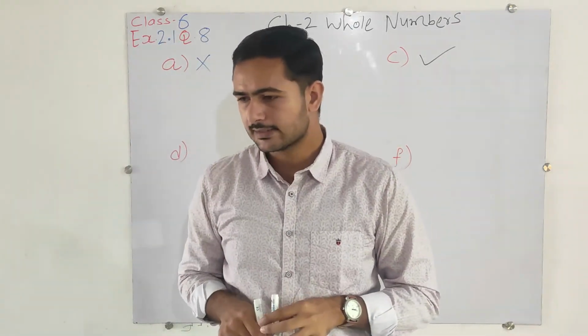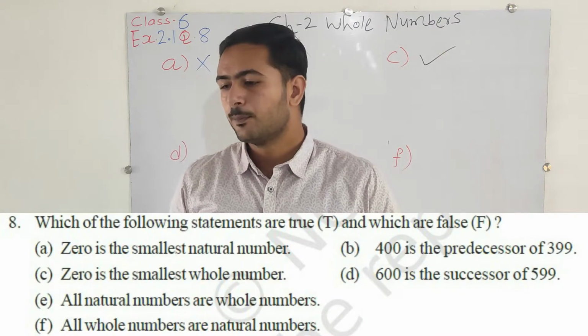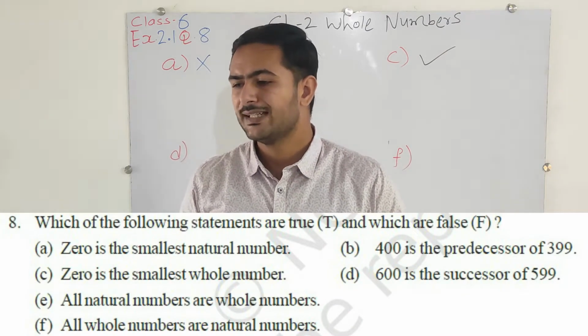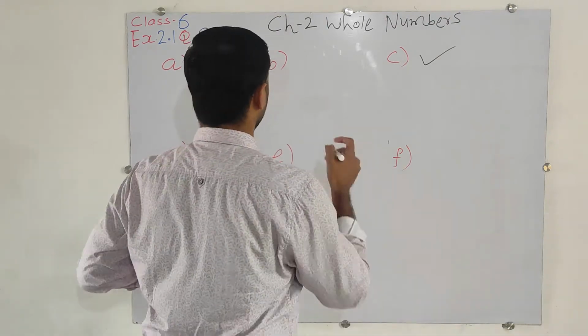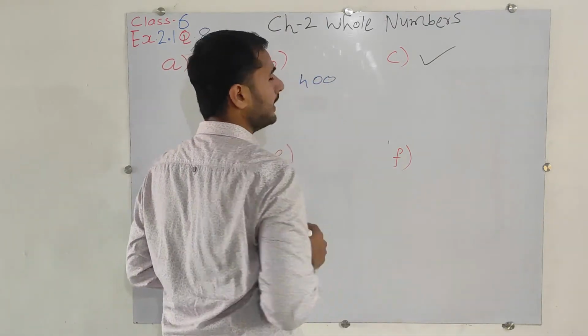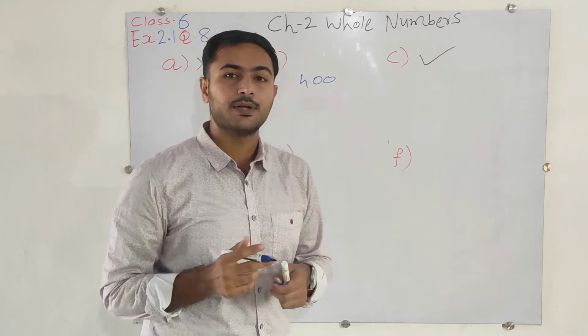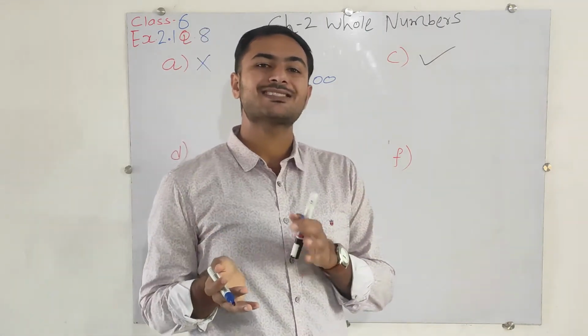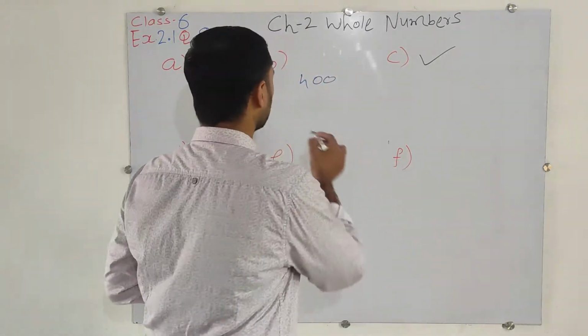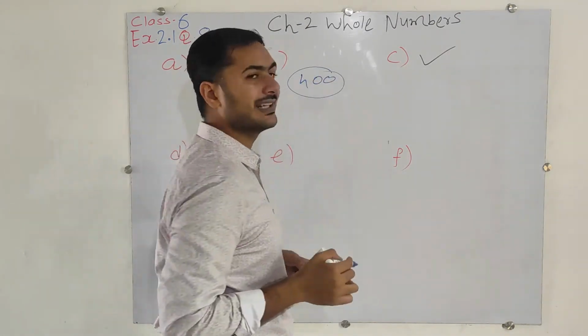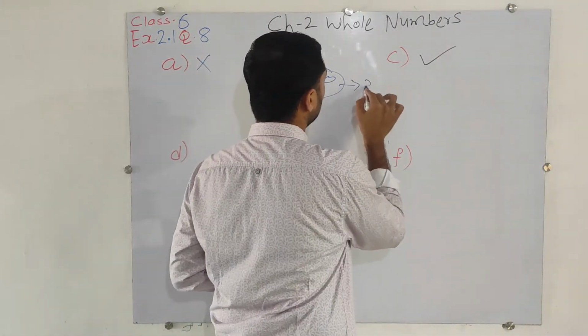Now the B one, that is 400 is the predecessor of 399. Okay, we have to check whether 400 is the predecessor of 399. Predecessor means the number which comes first, before the number. So here we have to check whether the number 400 is the predecessor of 399.